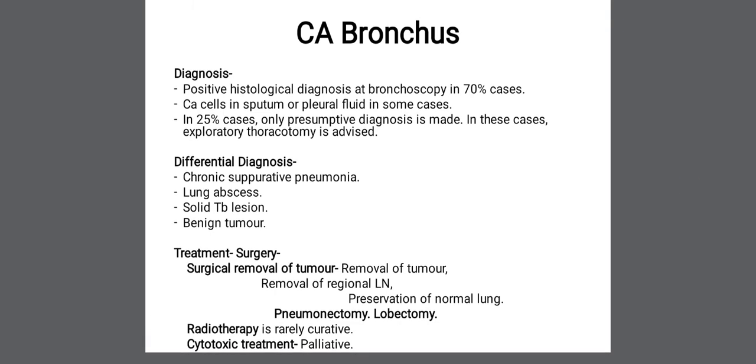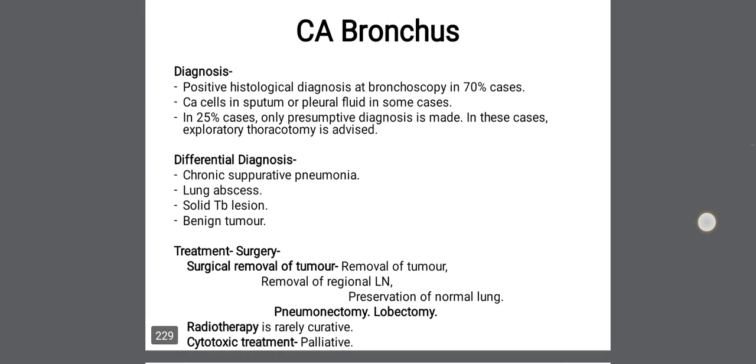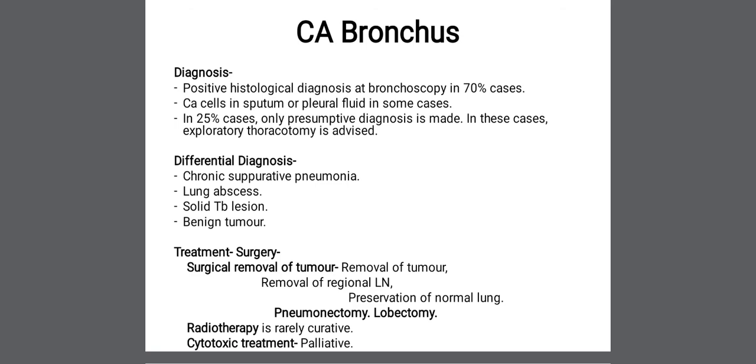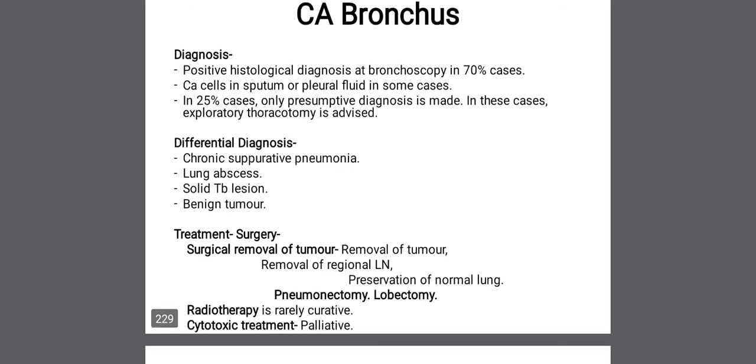The third question is 2 signs of strangulated hernia. Fourth question, what is strangulated hernia? Fifth one is, what is intravesical prostatic collar? And sixth one is, what is TURP?